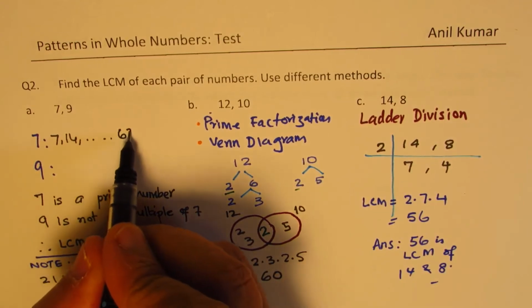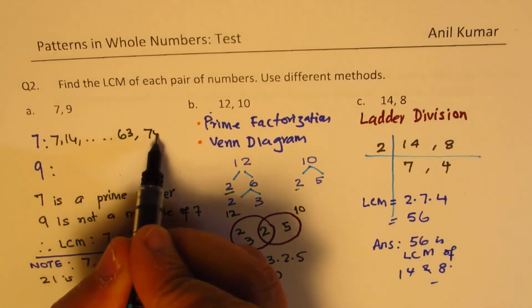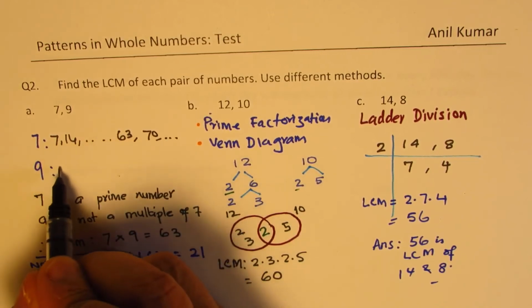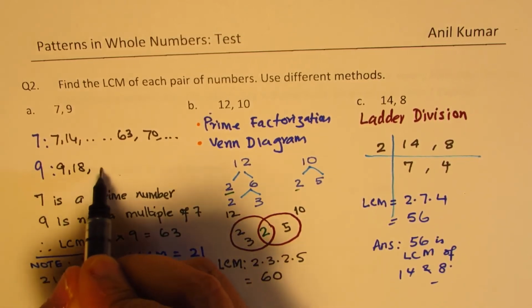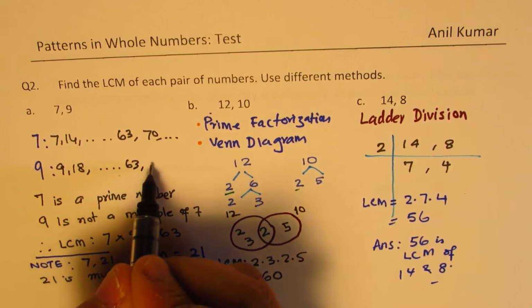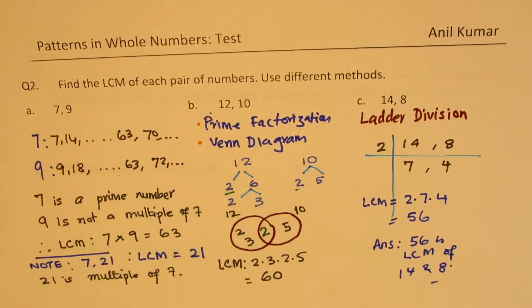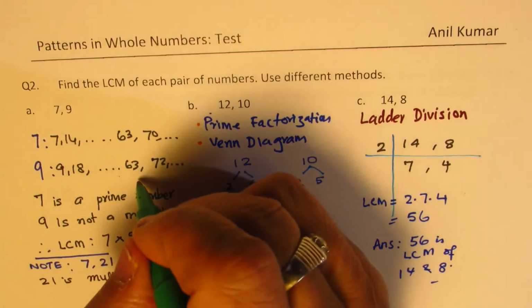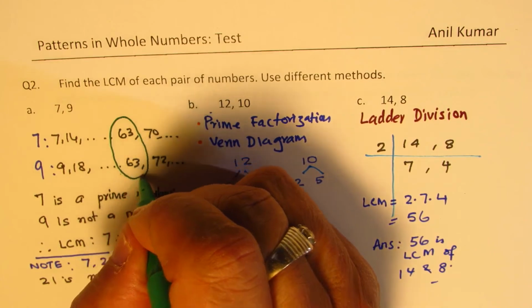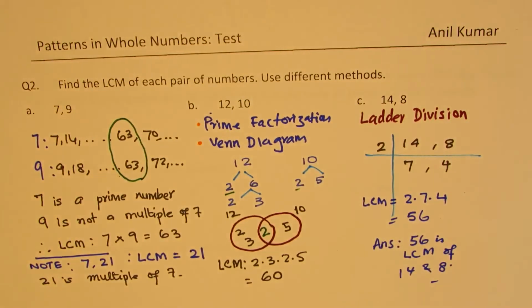So we'll definitely get 63, and then 70 and so on. As far as 9 is concerned, we could have written 9, 18 and so on. 63 was common, and then we have 72 and so on. So when you list all the common multiples, the first one that is common becomes your lowest common multiple.